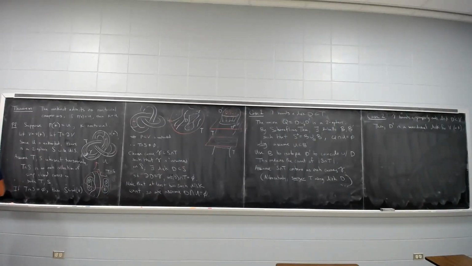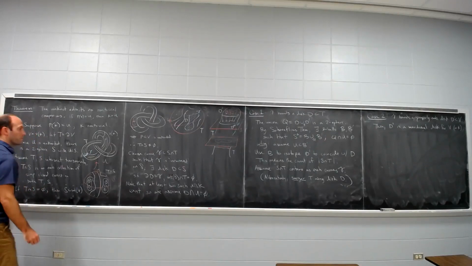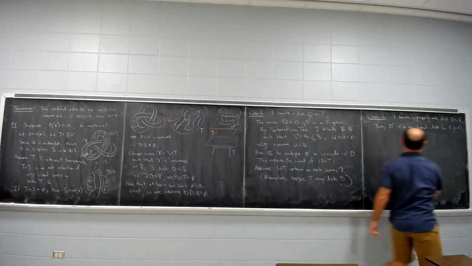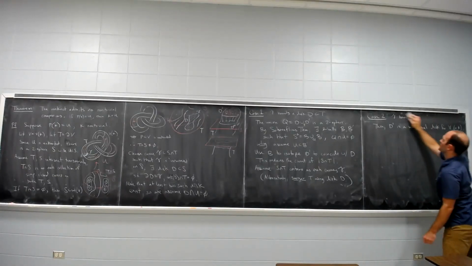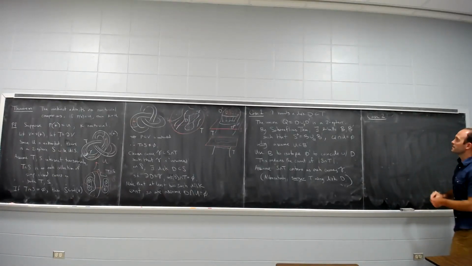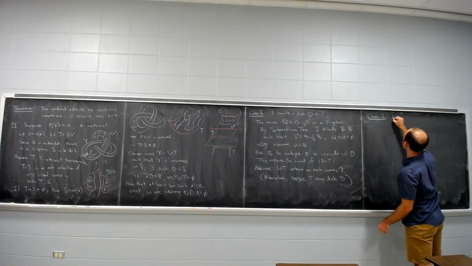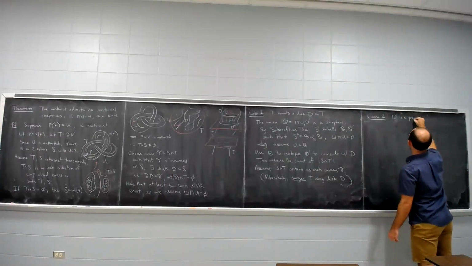So I don't think I actually want to be precise. Now I'm worried that I maybe messed something up in my notes, but I think what I want to say is that case 2 is that D, the innermost disk, D is a properly embedded disk.